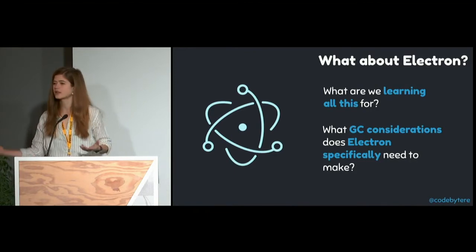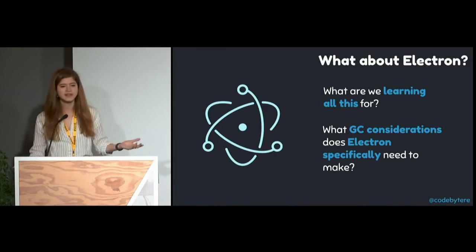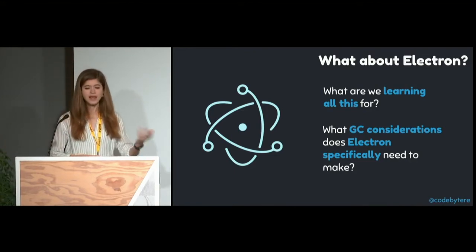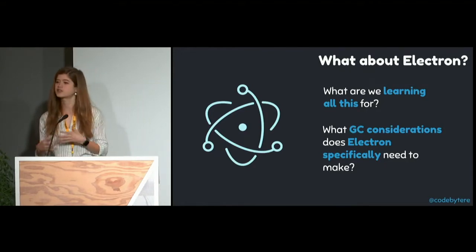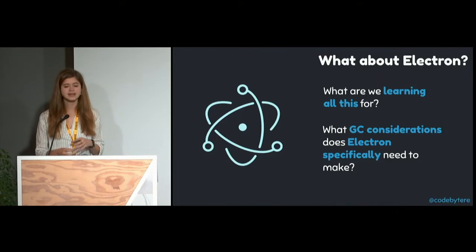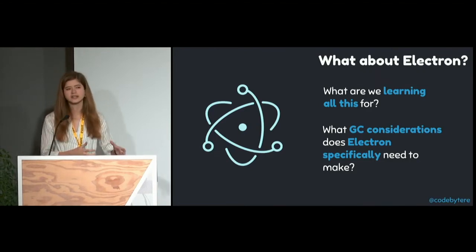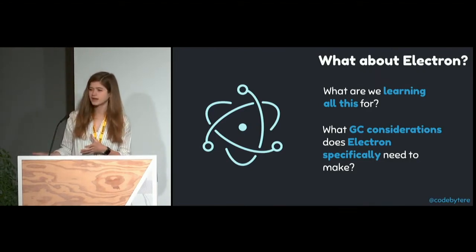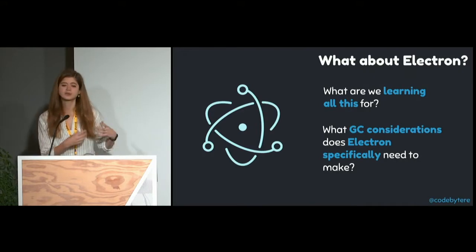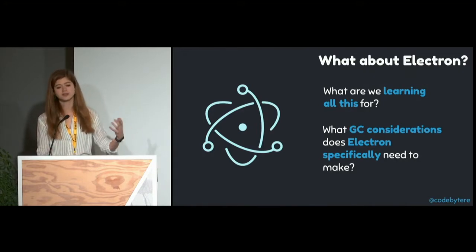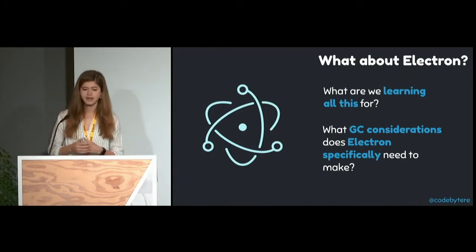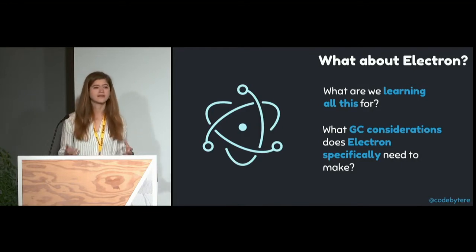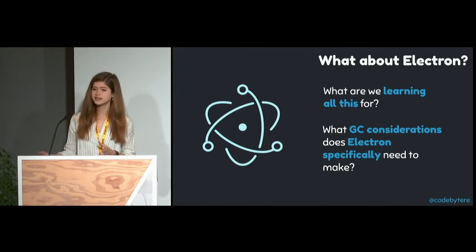So, how does Electron play into all this? Why am I even telling you about this? At the very beginning of my talk, I said that the automatic nature of JavaScript garbage collection can lead to a little bit of a false sense of comfort and security in regards to how much JavaScript developers need to concern themselves with memory management. And that's arguably more true in the context of Electron than it is in the context of the web.